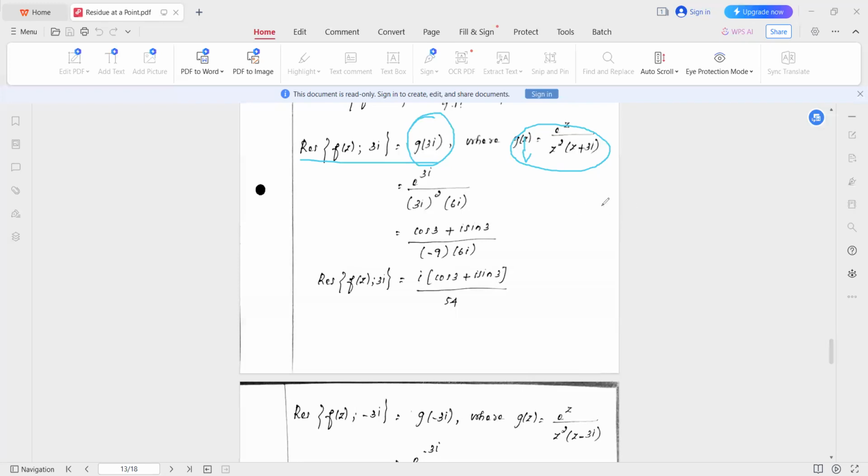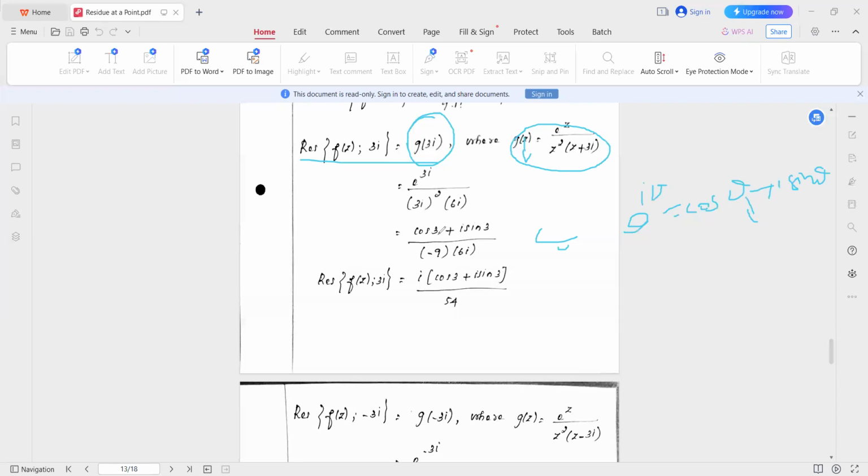e power i theta is equal to cos theta plus i sin theta. We know that. So in the place of theta, we have 3. So substitute 3 here: cos 3 plus i sin 3 divided by (3 square, 9, minus i square is minus 1) into 6i.